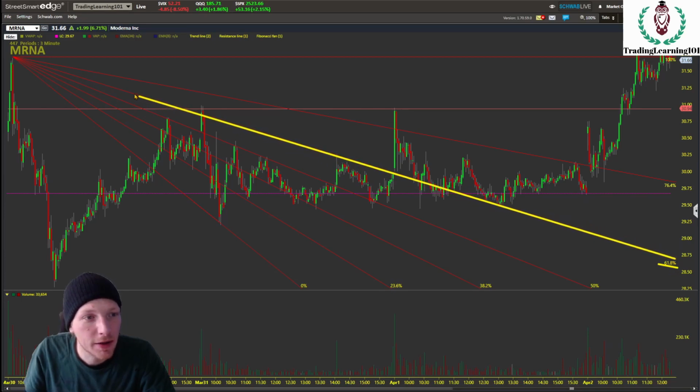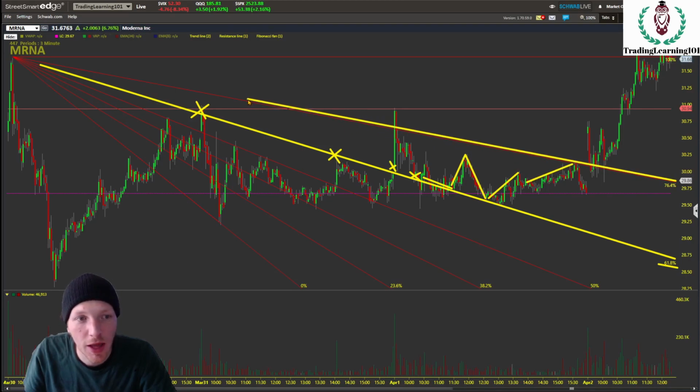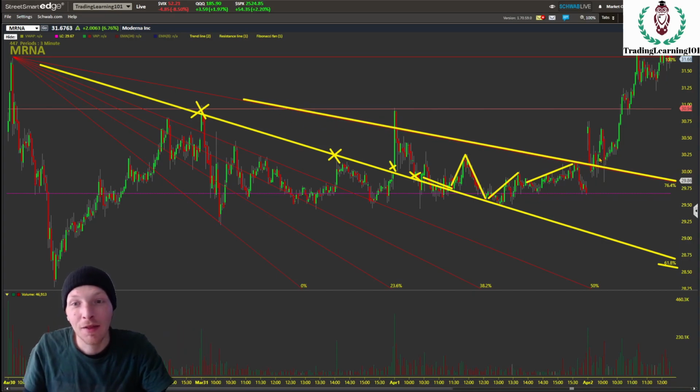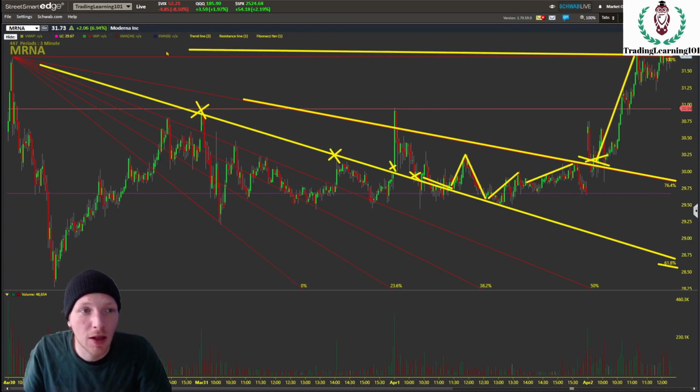This line right here, look at it acting as resistance right there, and then it finally popped over right here, was holding as support right here, riding it all right in here, getting that nice little bounce up, coming right back down to it, and just bouncing off of it, riding all the way up to this next projection line at 76.4%, getting over that, then acting as support all right here, and just going all the way up, right up to that 100% line right there.